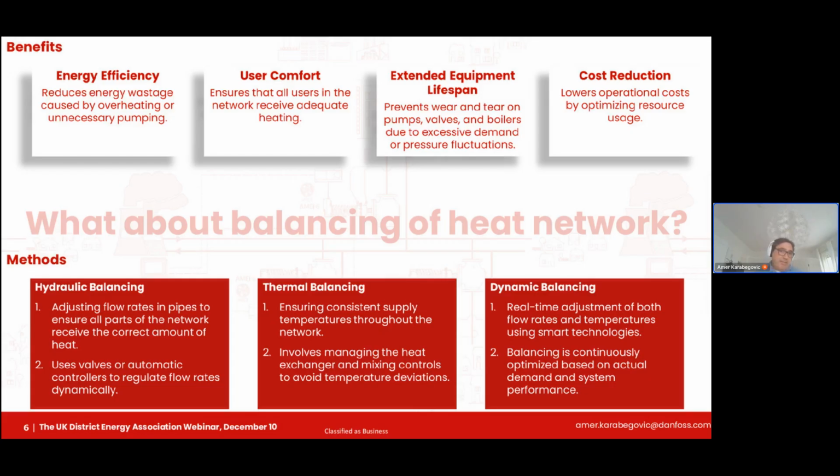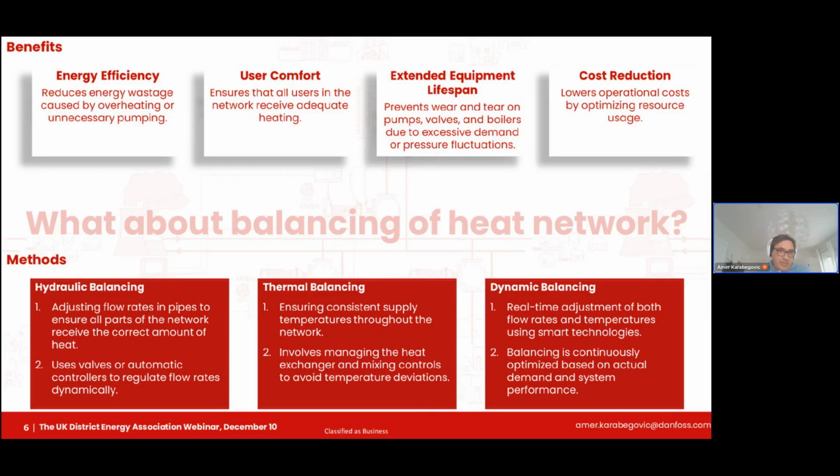We have energy efficiency, so it reduces energy wastage caused by overheating or unnecessary pumping. User comfort, ensuring that all users in the network receive adequate heating. Extended equipment lifespan, people forget about this, so it prevents wear and tear on the pumps, valves, and boilers due to excessive demand or pressure fluctuation. And cost reduction, so it lowers operational cost by optimizing resource usage.